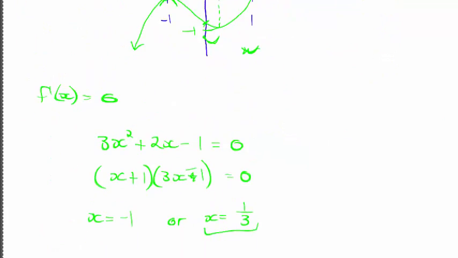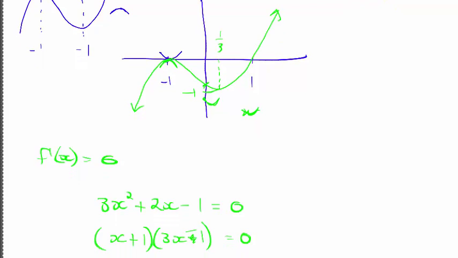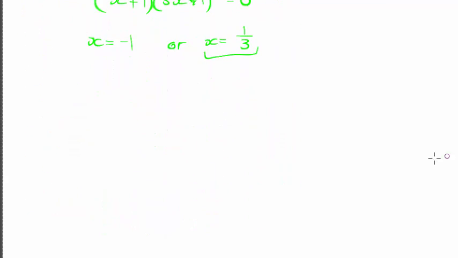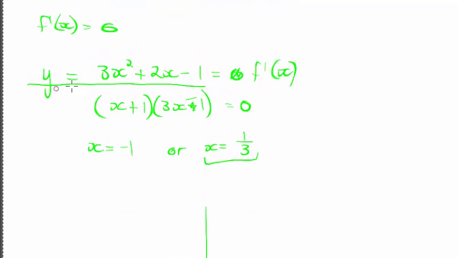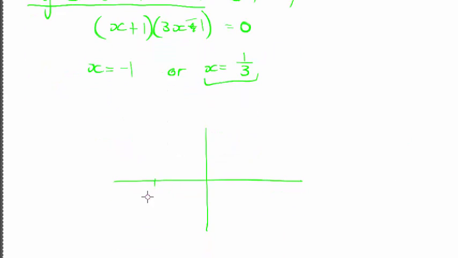What I want to do is show you what the derivative will look like. Remember, this is itself a function. Okay? And it's the function, the derivative. Now, if I were to draw this graph, I would have to draw it with -1 and 1/3 as my roots.